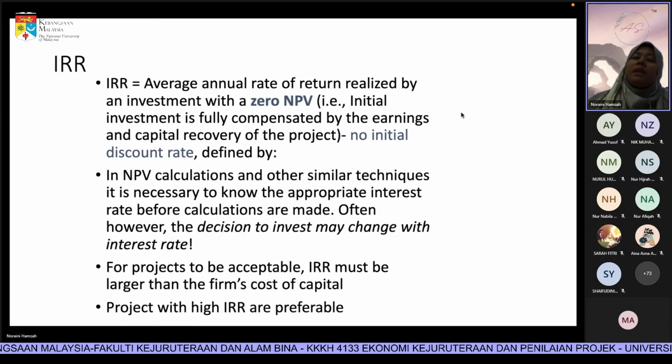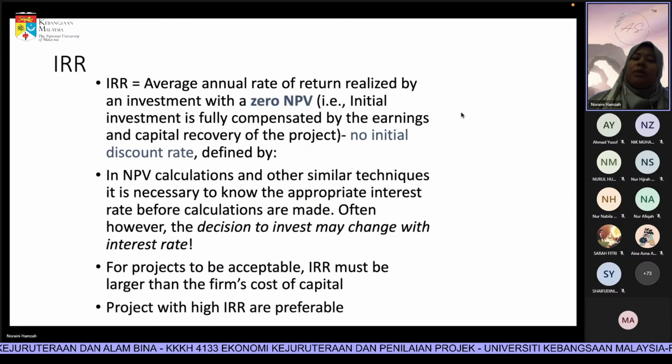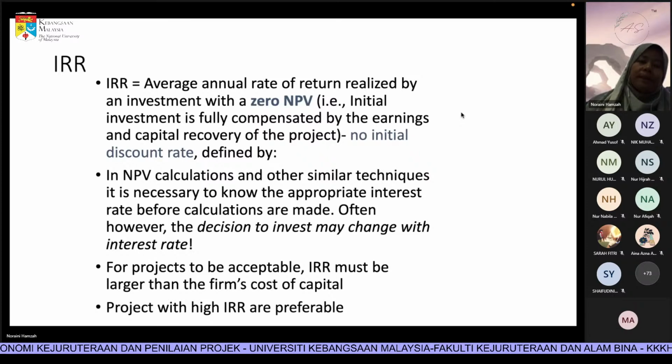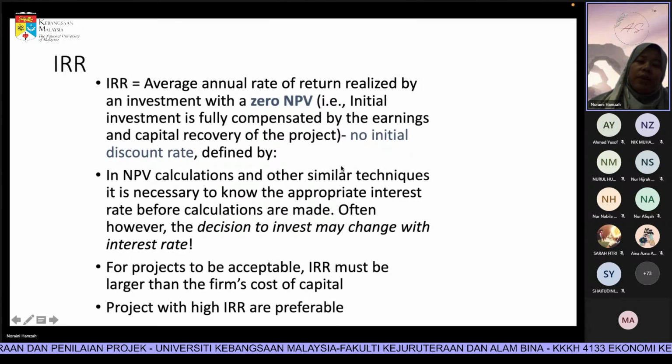Okay, so sekarang kita dapat kita punya nilai NPV. Okay, minus the initial dapat NPV. So sekarang ni kita nak tengok apakah R whenever NPV sama juga dengan 0. So itu adalah internal rate of return.